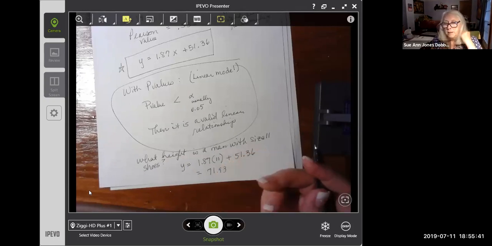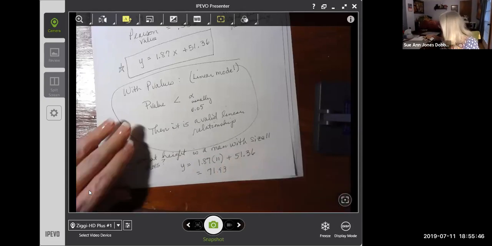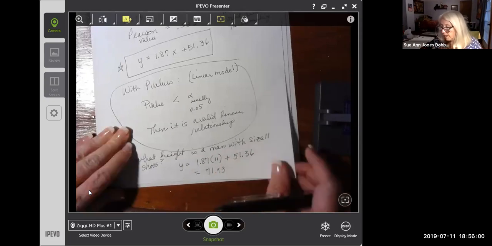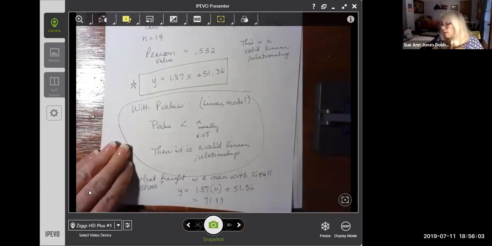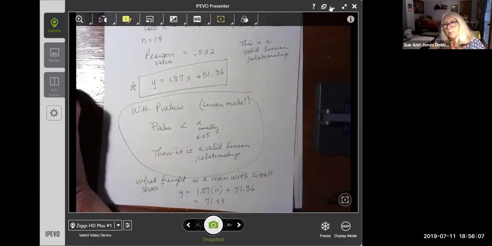Okay? Now, if I did not find that the linear regression model was correct, I could not make a prediction. And all I would do is offer the mean of the y values. So let me real quickly look at one other problem, and I hope it doesn't have a valid linear relationship.